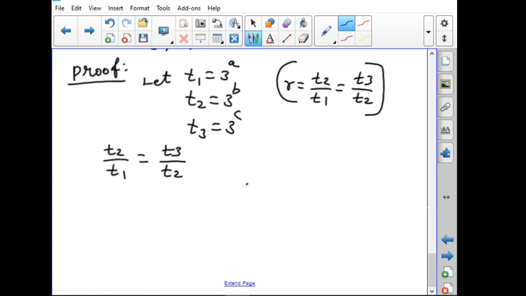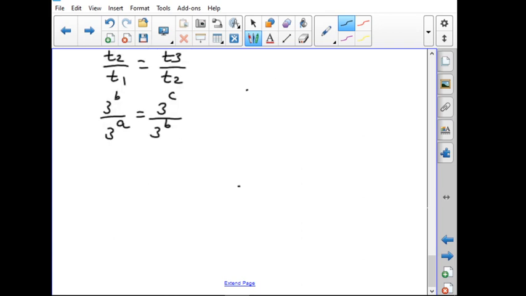AP means we have to find out the common difference D. GP means we have to find out the common ratio R, that is equal to T2 by T1 equal to T3 by T2. Here we substitute: T2 is 3 power B, T1 is 3 power A, equal to T3 is 3 power C by T2 is 3 power B. So now we have to do the cross product.